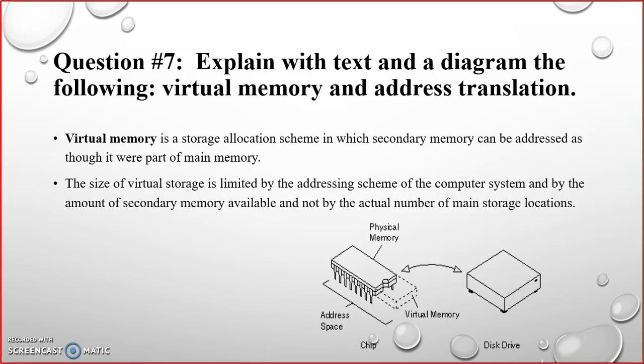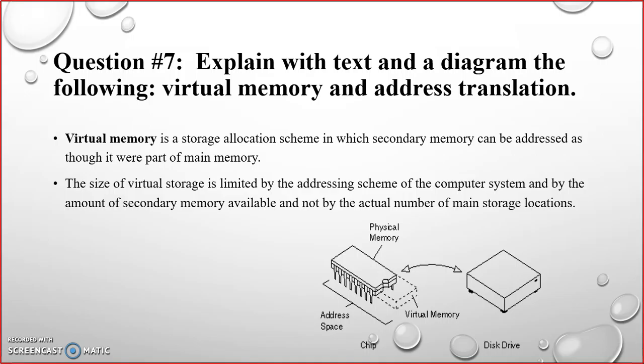Okay, for question 7, we have to explain with text and a diagram the following: virtual memory and address translation. Virtual memory is a storage allocation scheme in which secondary memory can be addressed as though it were part of the main memory.